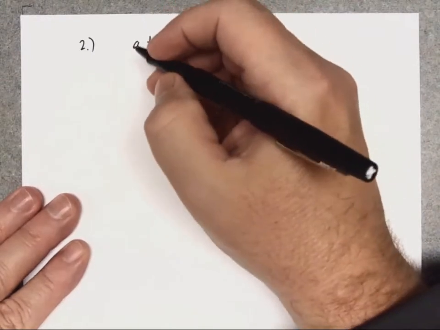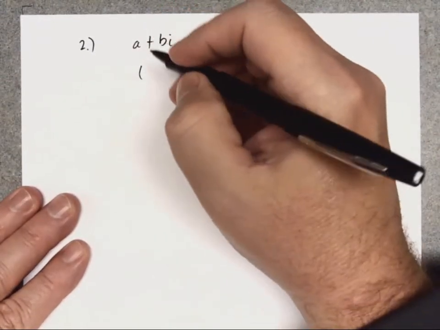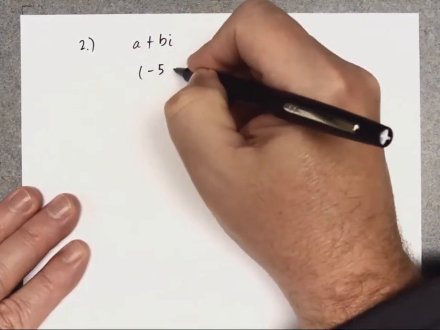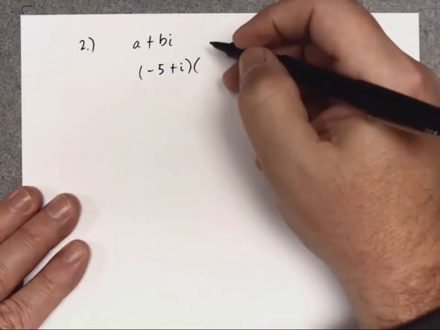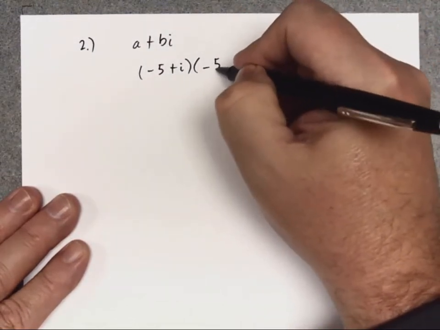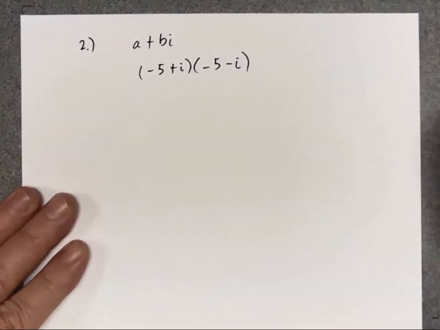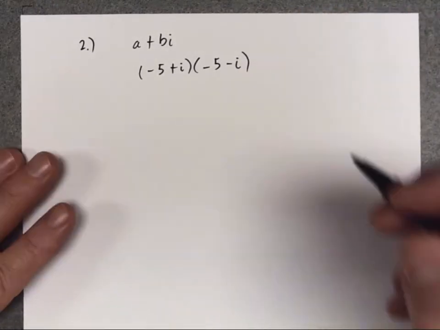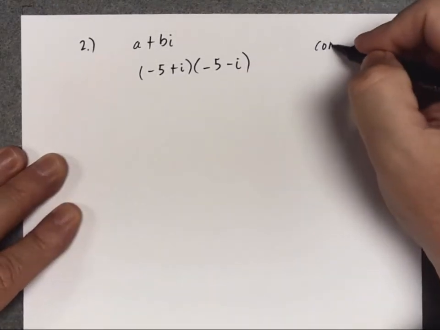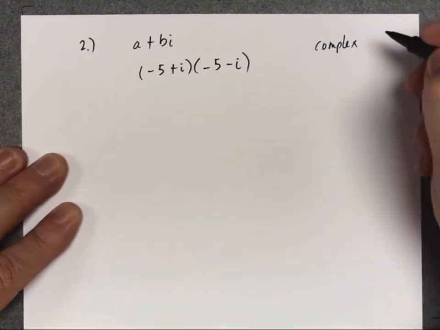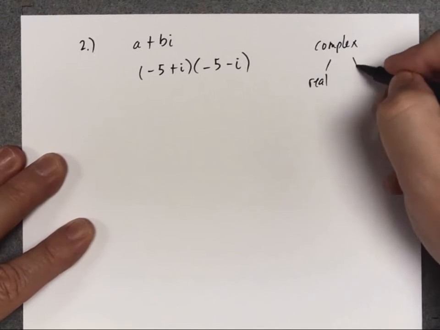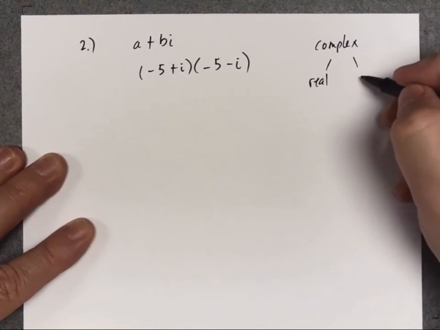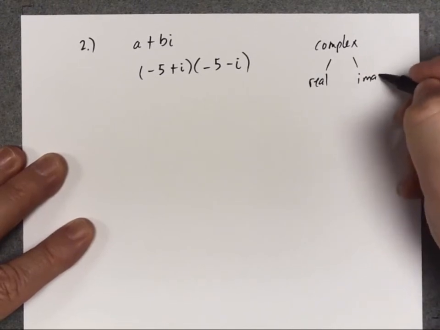And the actual problem is, it looks like we're going to multiply two complex numbers. Now, if you remember, a complex number has two parts. It has what we call the real part, and then it has what we call the imaginary part.